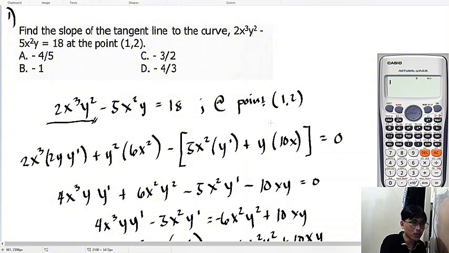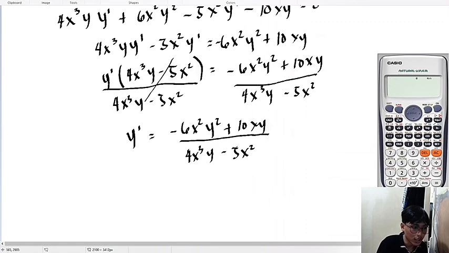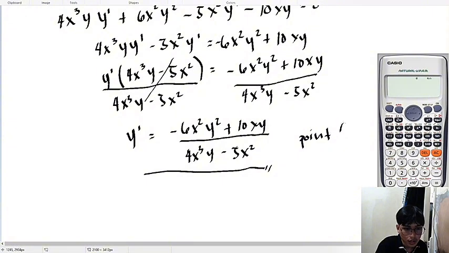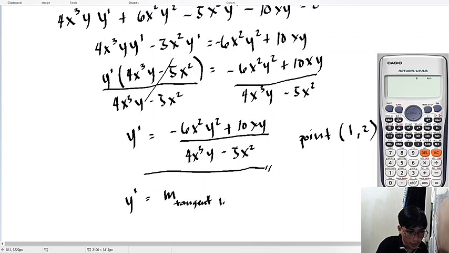Now, we have to find the slope of the tangent line at the point (1, 2). Once we have the first derivative, substitute the point (1, 2). So y prime, or the slope of the tangent line, is equal to negative 6.